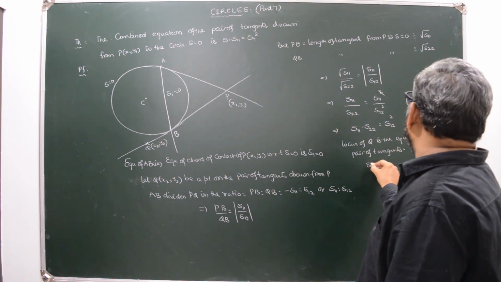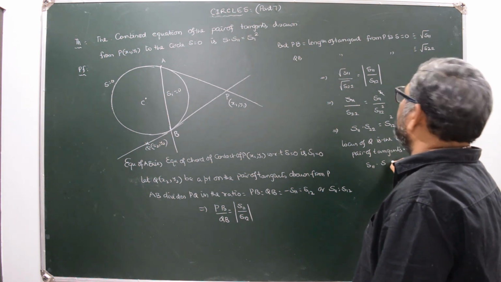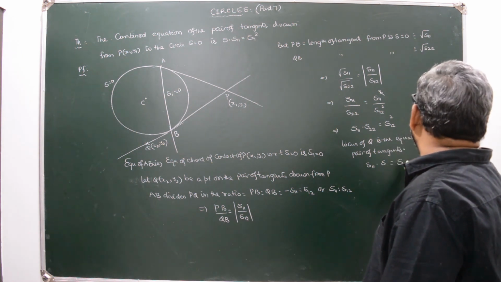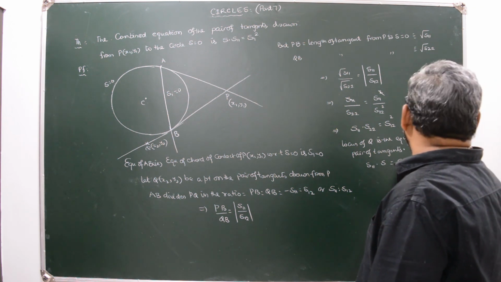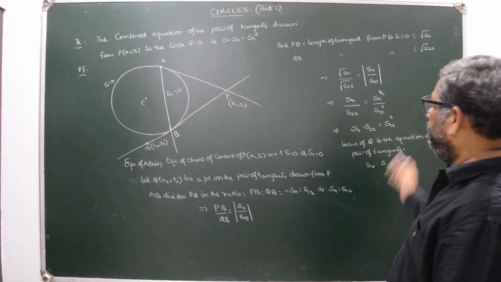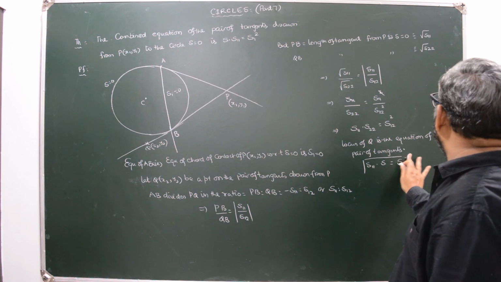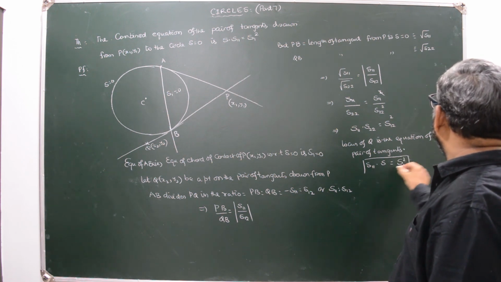That is, S into S11 is equal to S1 square. So removing the subscripts, the locus of Q, you will find S into S11 equal to S1 square. So this is the equation of the pair of tangents.